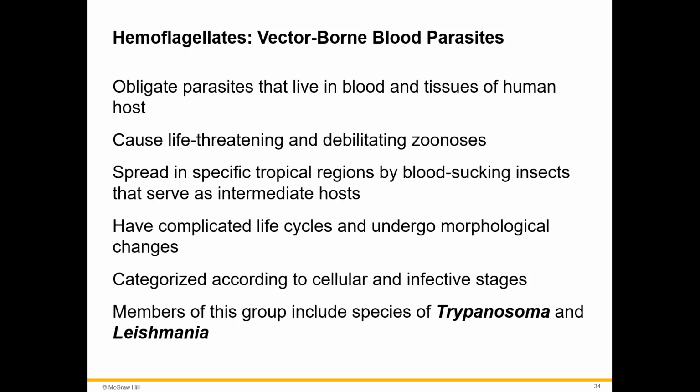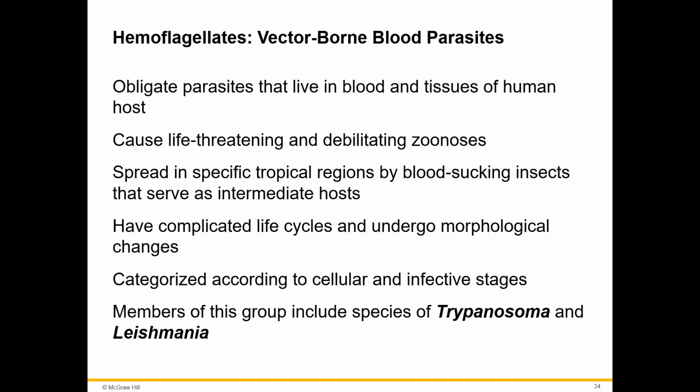And these parasites can really only survive in the blood and in the tissue of living humans, okay? So obligate, they need to. They can cause really bad, life-threatening and debilitating zoonoses, or illnesses caused by living organisms, right?